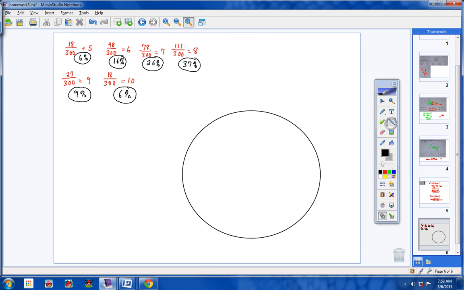Here we go. Alright, well, the biggest percent I see is 37%. So here's what I'm going to do, students. I'm going to draw a diameter that cuts the circle in half, okay? Looks like it's just a little low, so I'll raise just a bit. There we go. Now, I'm going to get rid of this line in a second, but if I draw a line here, that cuts that in half. That's going to be 25% over here, or it should be anyways.